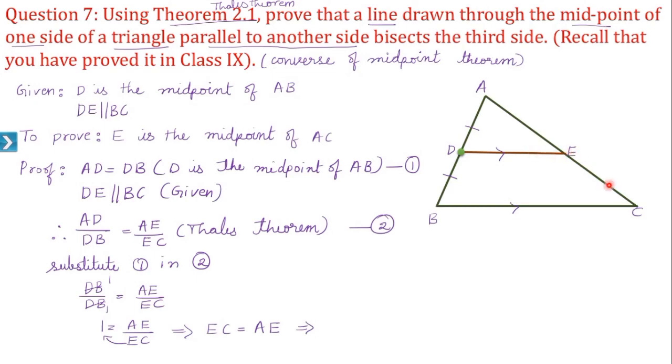We have got EC is equal to AE. That means E is the midpoint of AC. Hence proved. So we can prove converse of midpoint theorem by using Thales theorem.